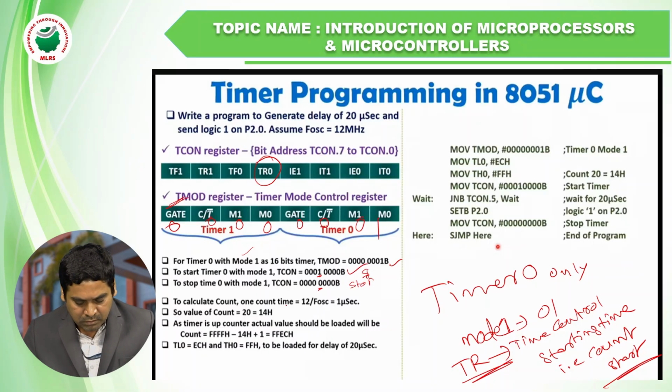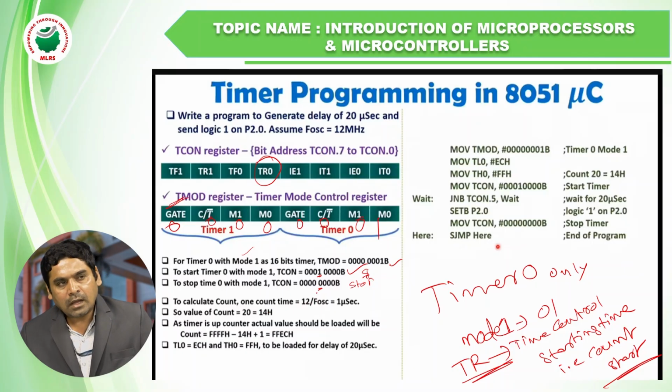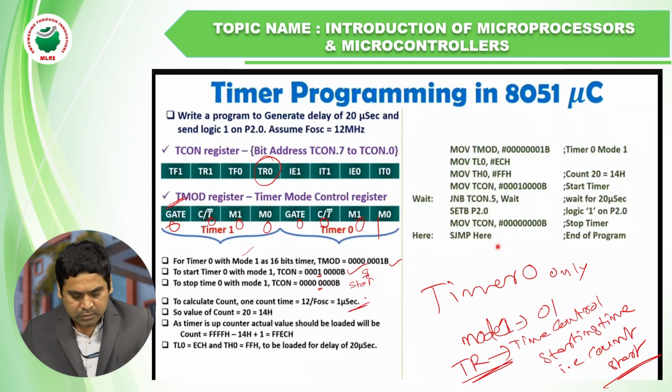To calculate the count, one count takes 12 divided by the oscillator frequency. The oscillator frequency given in the problem is 12 megahertz, so 12 by the oscillator frequency is 1 microsecond. The required delay is 20 microseconds, which converted into hexadecimal notation is 14H; this is the count value.